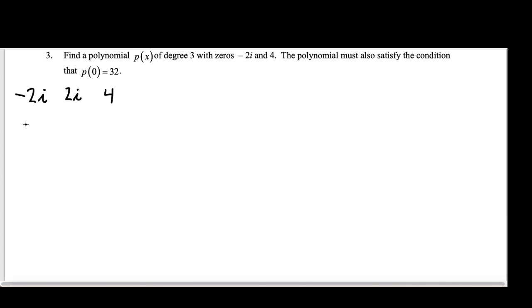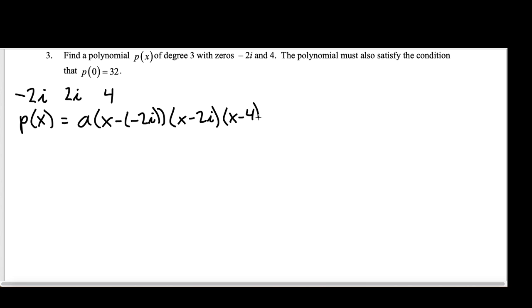We'll start in pretty much the same way we did in the previous example. p of x is equal to some leading coefficient times a series of 3 linear factors, x minus negative 2i times x minus 2i times x minus 4.